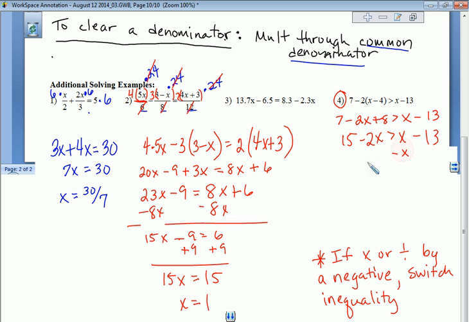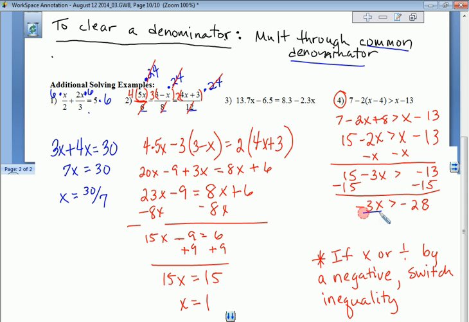So if I chose to move the x, and then I would have to move the 15, and then I would have to divide by a negative. So when I'm dividing by the negative, that's when it changes the inequality.